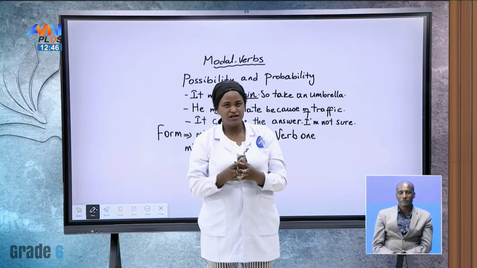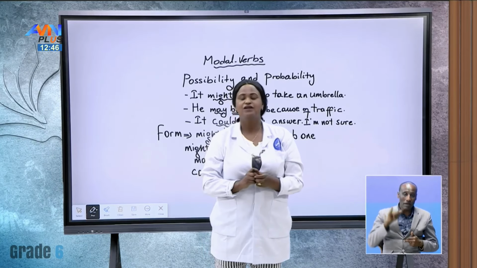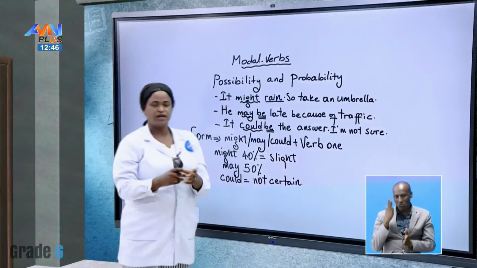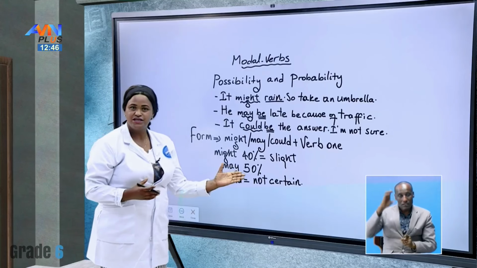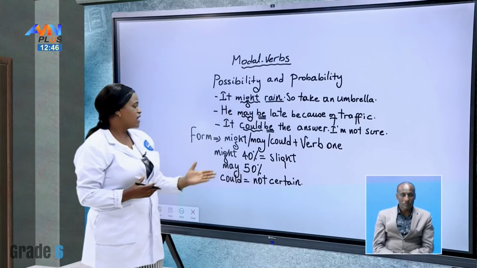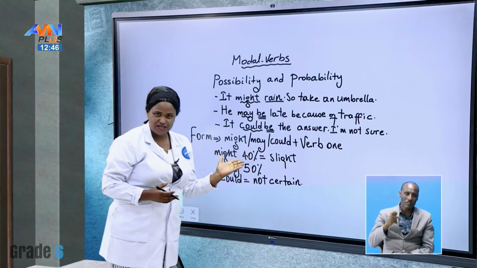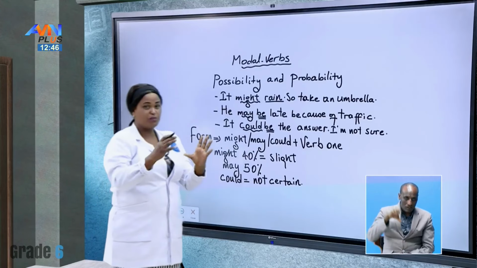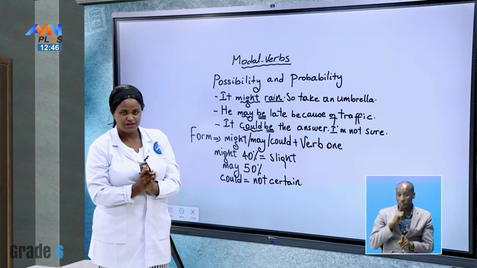We have seen may, might, and could. Very good. In the case of may, the possibility for happening is 50%, right? And when it comes to might, it is 40%. And in the case of could, it is general but uncertain, something which is not certain.